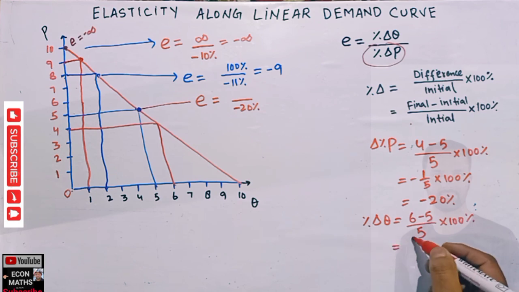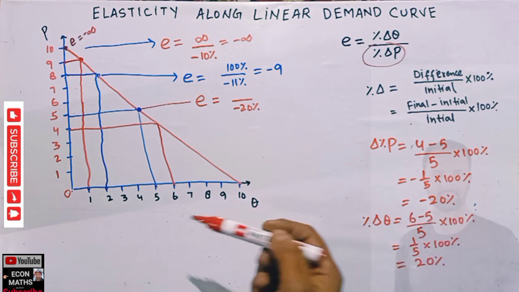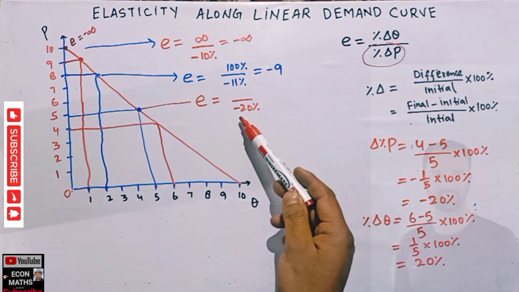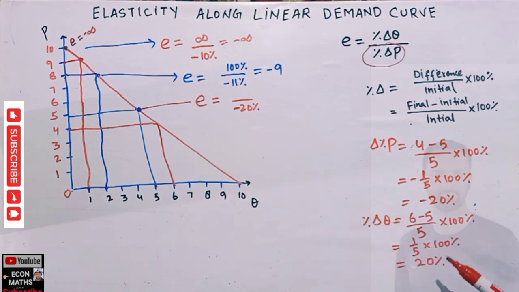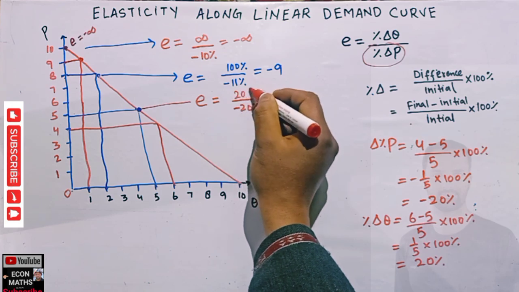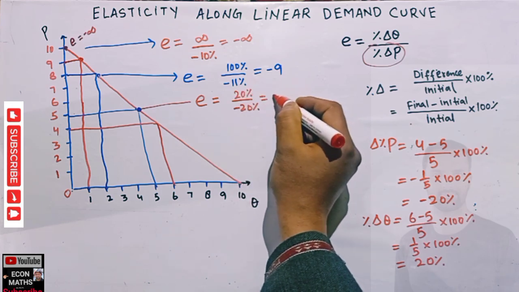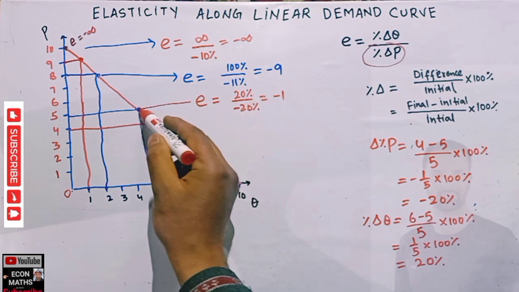This comes out to be 1 upon 5 into 100%, which is again 20%. And here we can see, when price decreases by 20%, quantity demanded increased by 20%. That means we get minus 1 as elasticity at the midpoint.